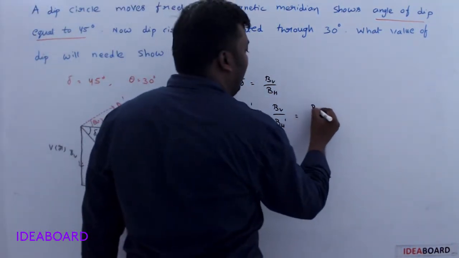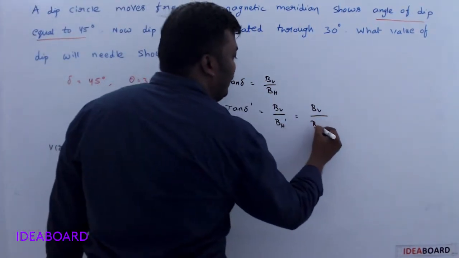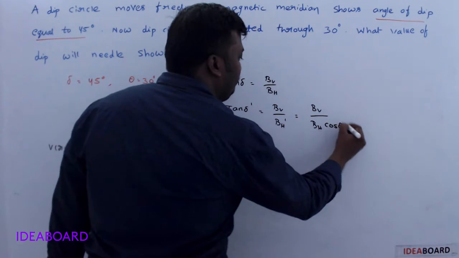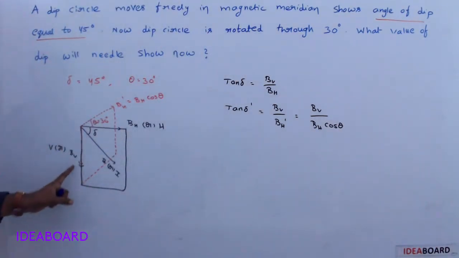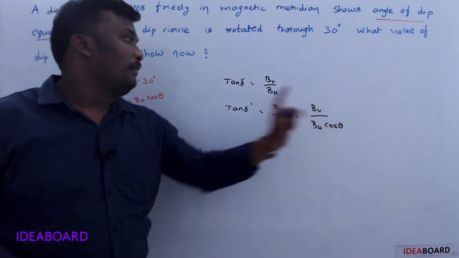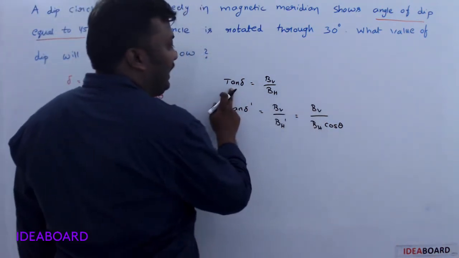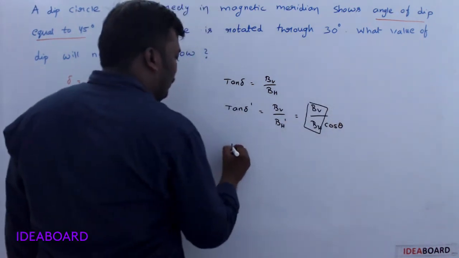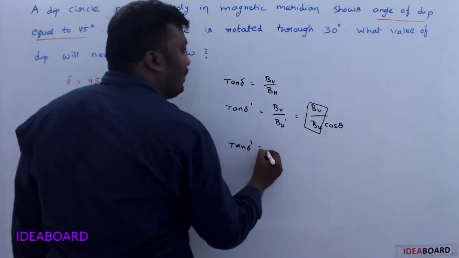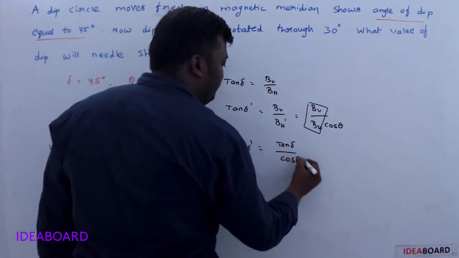So BV by BH dash, where BH dash is BH cos theta in this direction, but the vertical component does not change. That's why I wrote BV only. Now BV by BH is nothing but tan delta. So tan delta dash is equal to tan delta by cos theta.